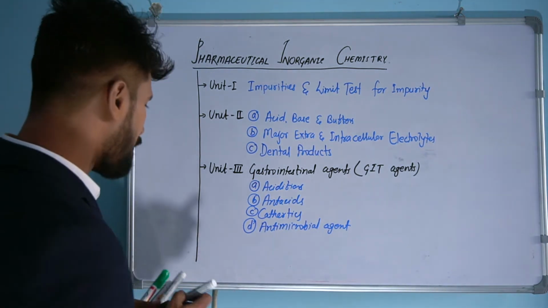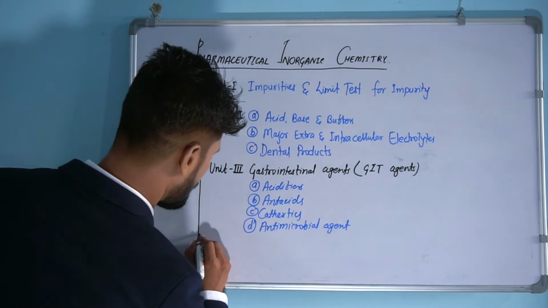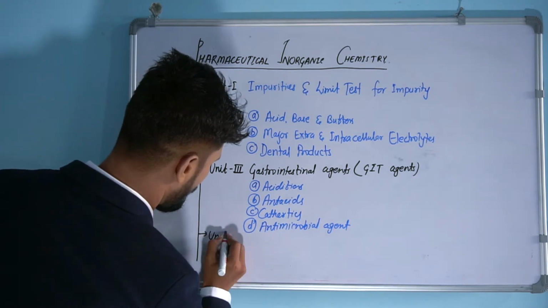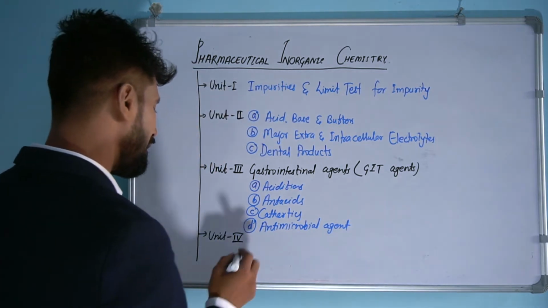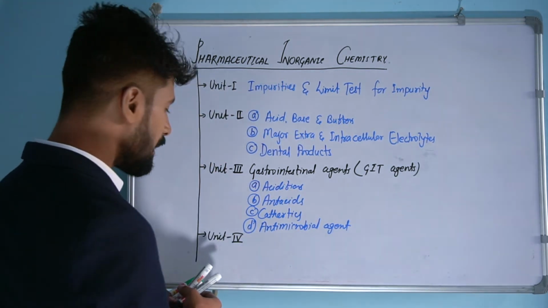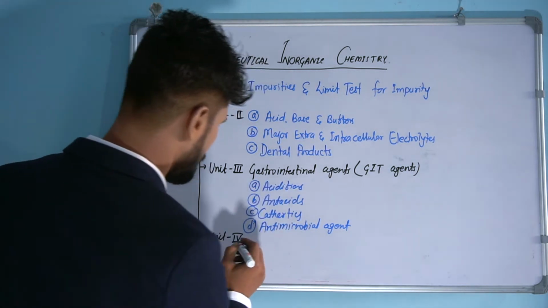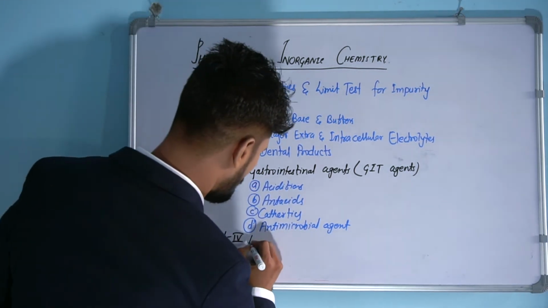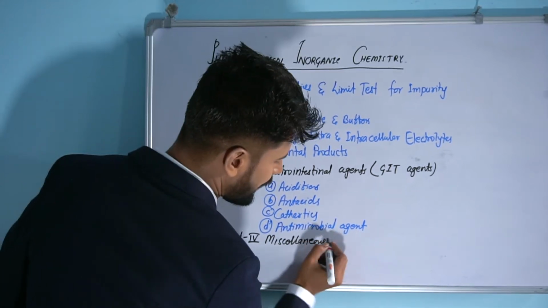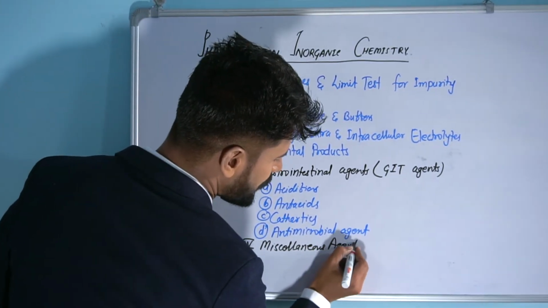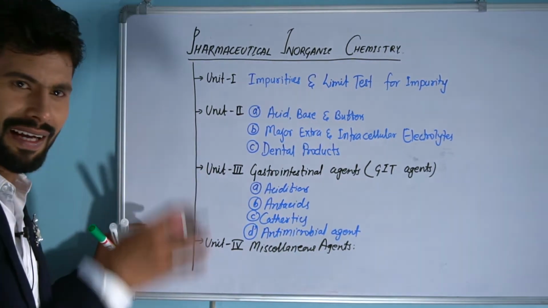Now coming to unit 4. Under unit 4 we are going to discuss various miscellaneous agents. Miscellaneous agents means they come here and there.